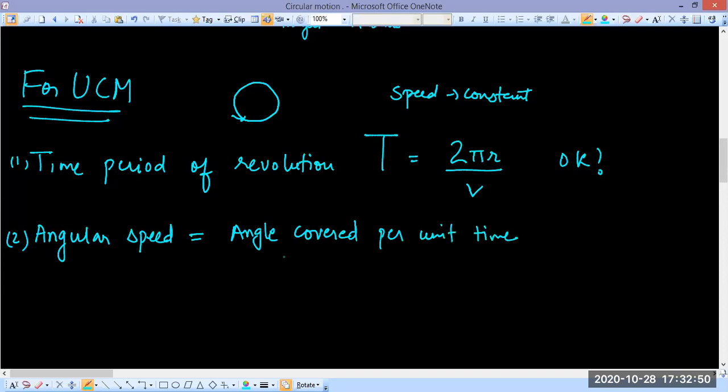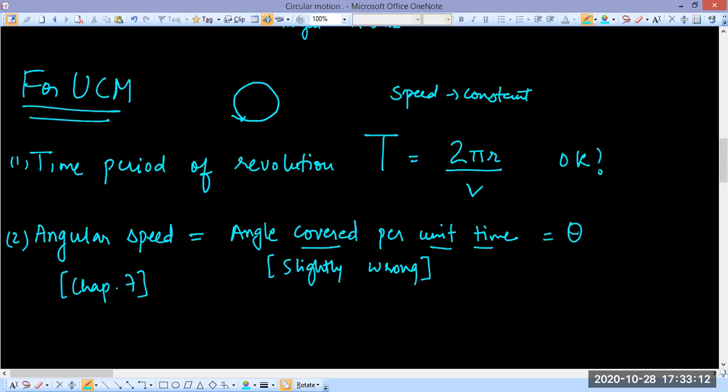It's a childish definition, which is slightly wrong, but you have to live with it, because it won't be of use right now. More details will come in chapter 7. Then it will trouble you a lot. Okay. So what is angular speed? Angle covered per unit time. Is it fine? Angle covered per unit time. Something like this. Okay.